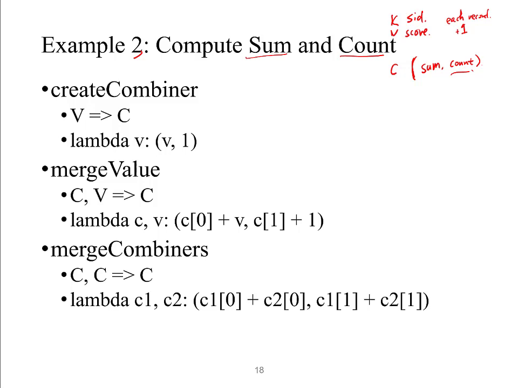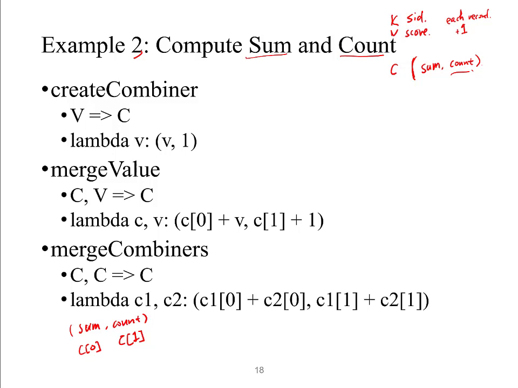So this time, let's try to design the 3 functions from bottom to up. Right. So for merge combiners, what do we do when we have 2 previously reduced rows? So we have C and C. Remember, each C is a sum count tuple. So this is C0 and this is C1, right?